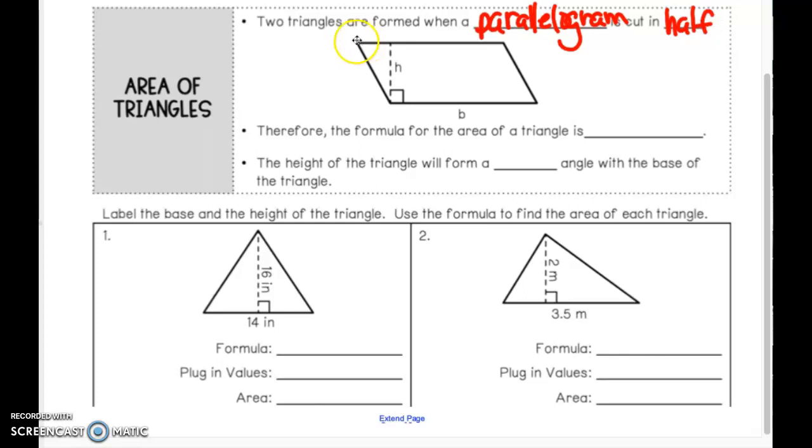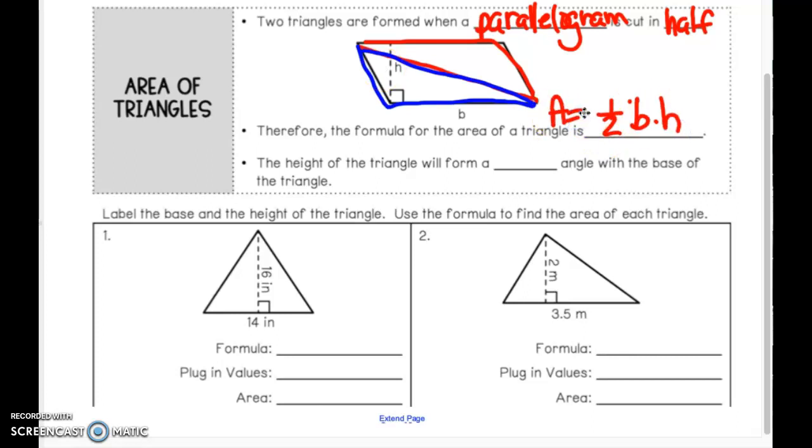So we cut this in half, and I'm going to go ahead and cut it in half so you can see. We now have two triangles, one here, and we have one here. So therefore, the formula for the area of a triangle is, since we know the area is 1/2 of base times height. So that is the area.